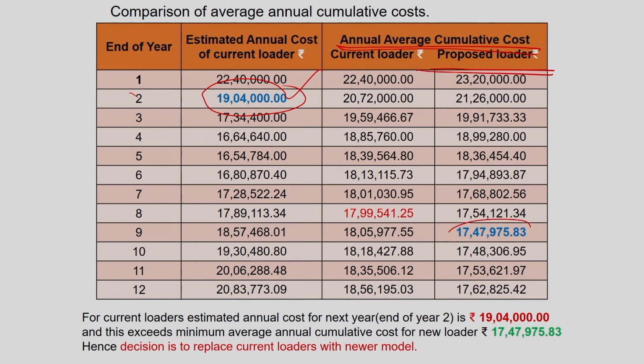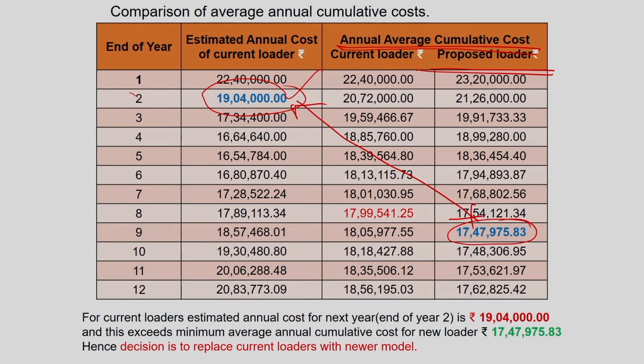For the proposed loader, the minimum average annual cumulative cost is 17,47,975. You compare this and this. Since the estimated cost for the current loader for the next year is very much higher than the proposed loader, it implies that you have to replace immediately.